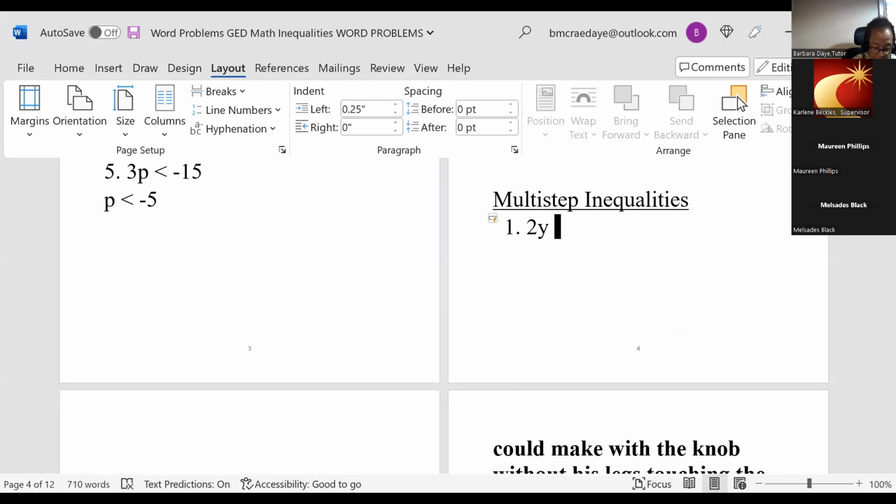2y minus 8 greater than 3y plus 16. I'm sorry, not equal, greater than. So used to equations here.